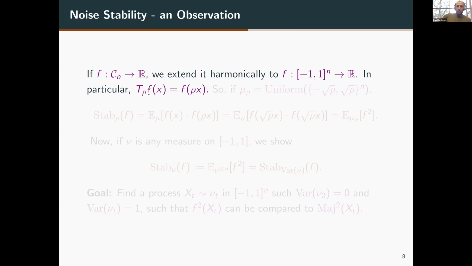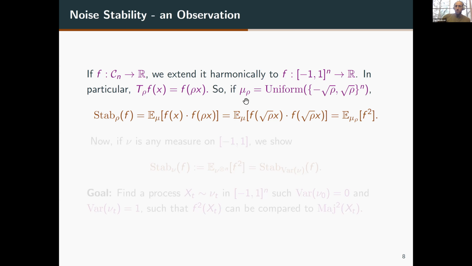Now, this allows us to write the noise stability in a new form, right? If we take mu rho to be uniform on a small, dilated hypercube, then simply because we have the identity which relates the harmonic extension to the noise operator, we can rewrite the noise stability in the following form.